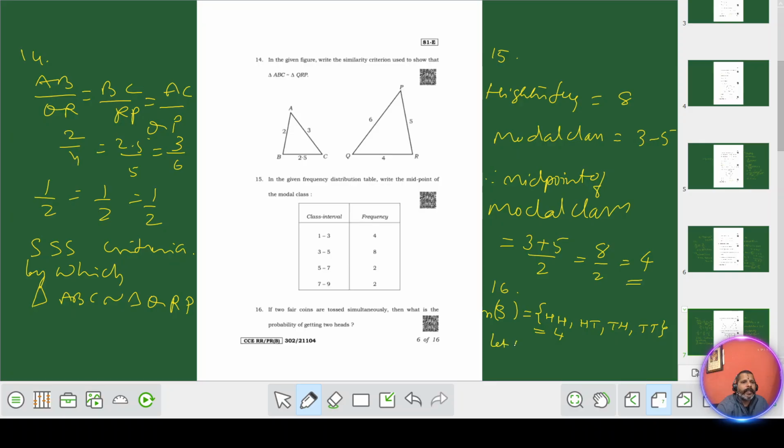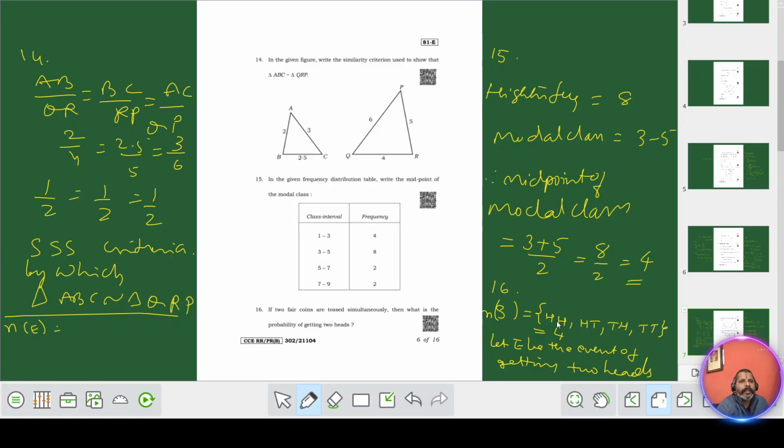Now we write here, let E be the event of getting two heads. What is N of E then? N of E is getting two heads.